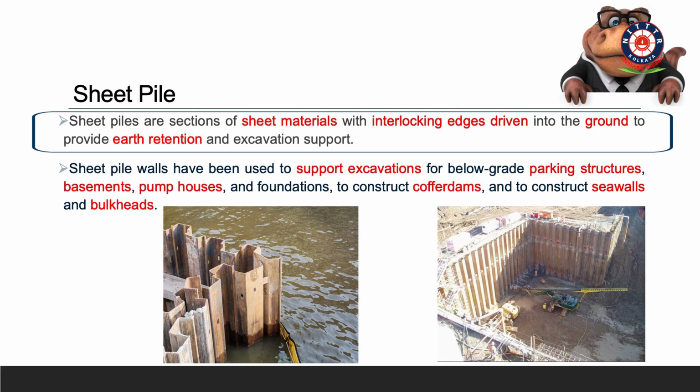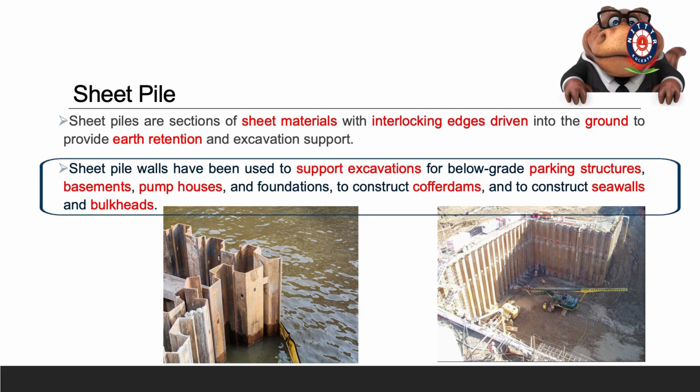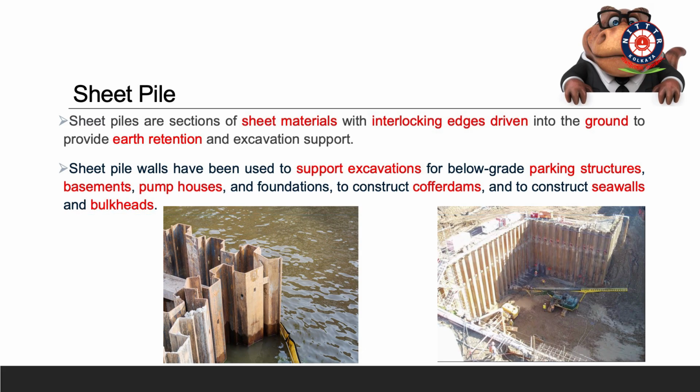The objective is earth retaining purposes when you are excavating. Sheet piles can also be used when you are constructing a basement. In that condition you can recommend the sheet pile, instead of going for a long retaining wall. And this can be used for permanent structures also, as well as temporary ones.